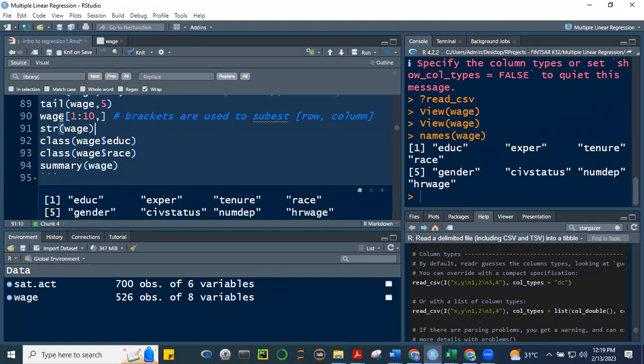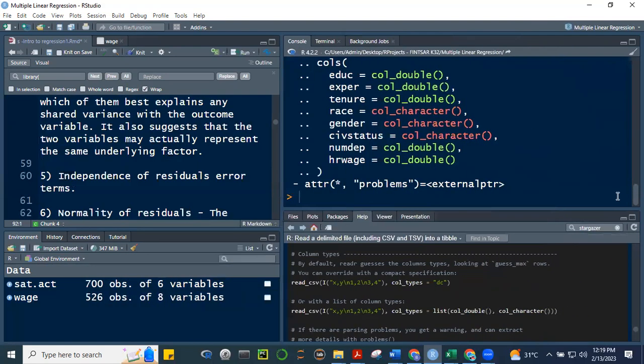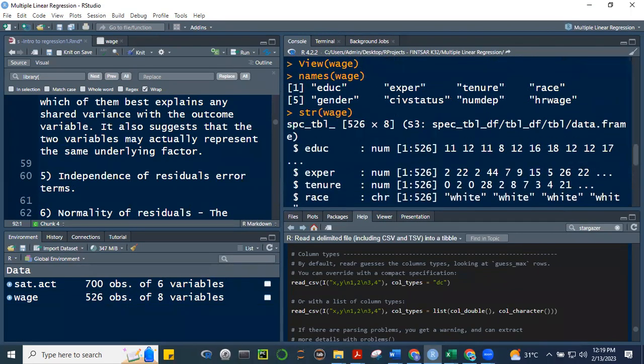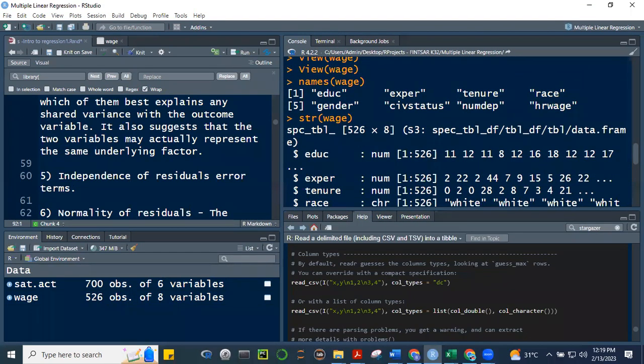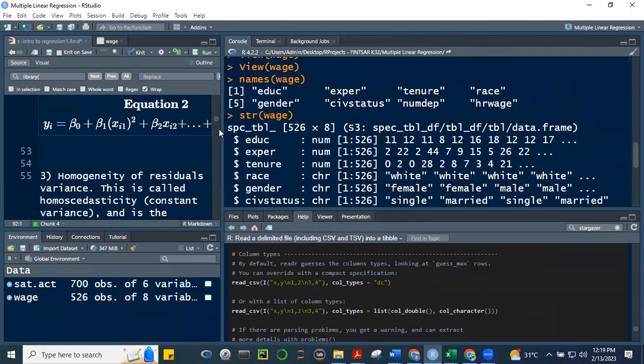Okay, this is important to us. The structure. So let me run here the structure, wage. All right, so the structure of wage will tell us the type of data. So this is a data frame. In fact, it's a special table. It's a data frame, but it's not a table.